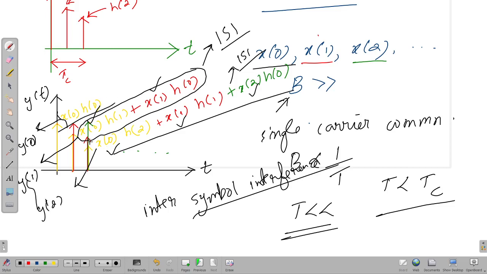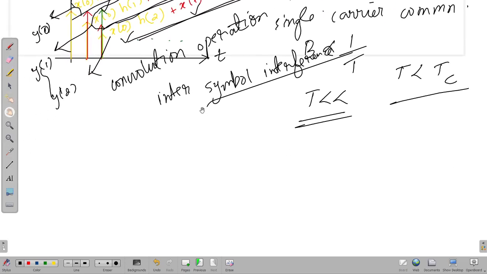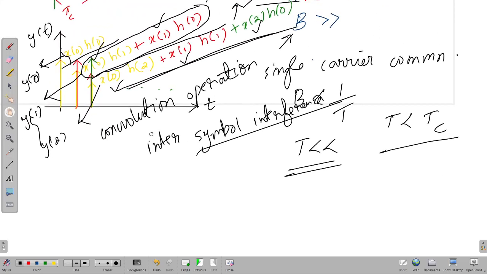You can see each of these values defines a convolution. I've written nothing but the convolution operation. We all learn that the input signal undergoes a linear convolution with the channel impulse response, and this is how you visualize it. This is actually a convolution operation happening here. That's a point I want you to note.